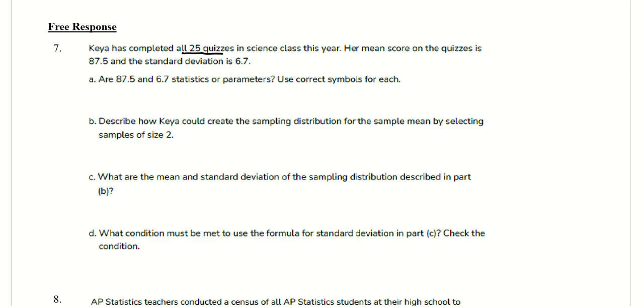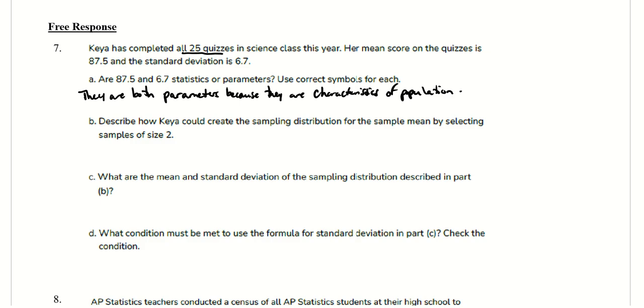Okay, so they are both parameters, because they are characteristics of a population, the population of all 25 quizzes in the year.